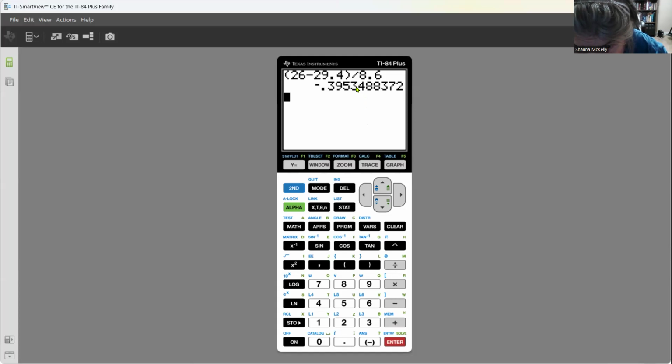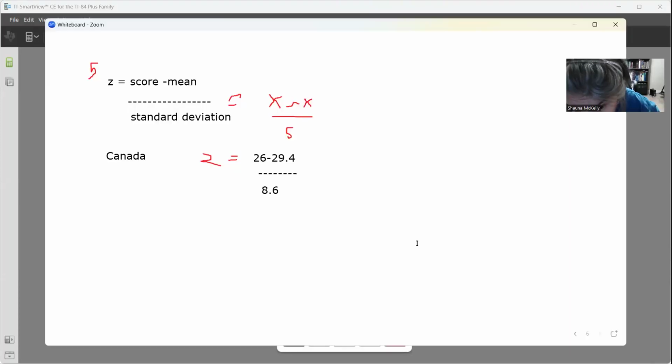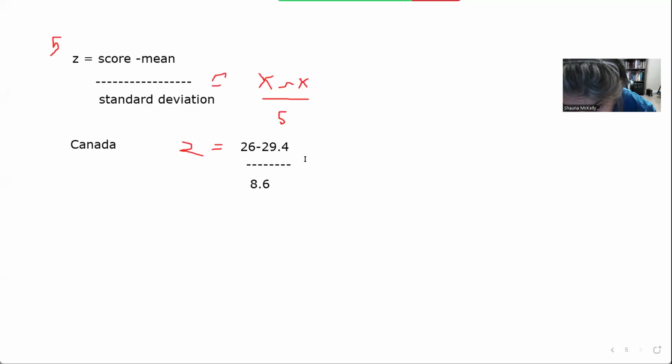So my z-score is negative 0.3953. So here, this comes out to equals negative 0.3953. That's my z for Canada.